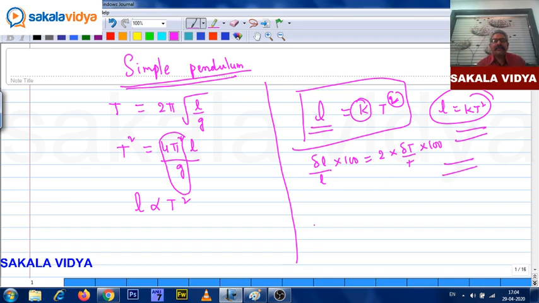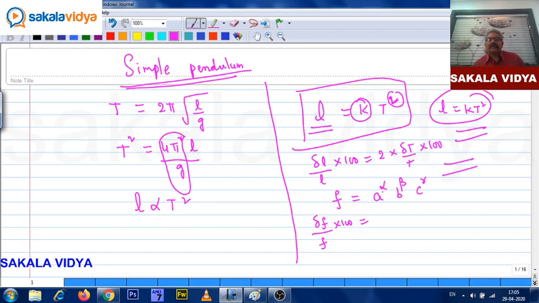So, for example, say any function like this, f is equal to a to the power of alpha into b to the power of beta and c to the power of gamma. What is delta f by f into 100, percentage error in f? Here power alpha is there, understood now.